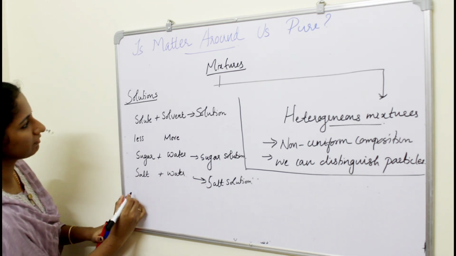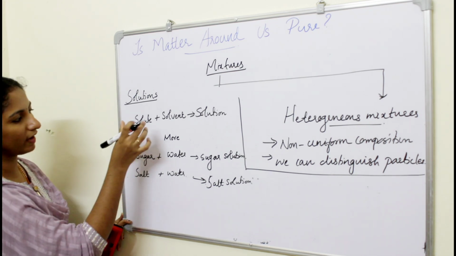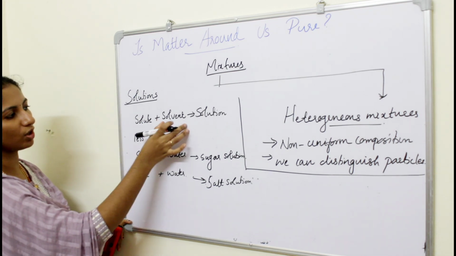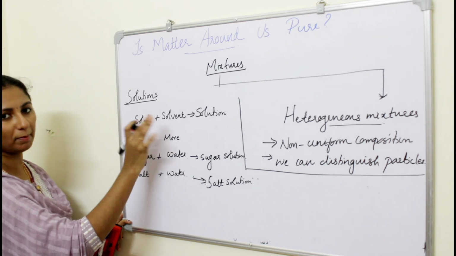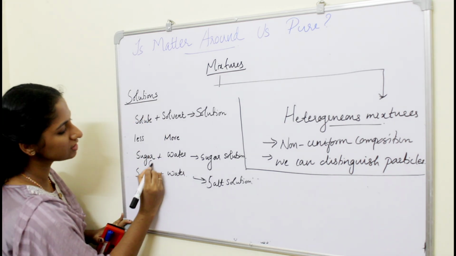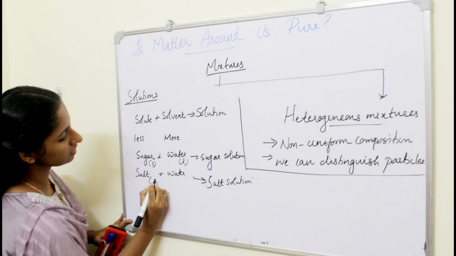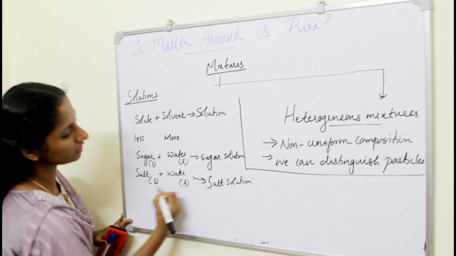In the case of alloys, both solute and solvent are in the solid state. Here sugar is solid and water is liquid; salt is solid and water is liquid.